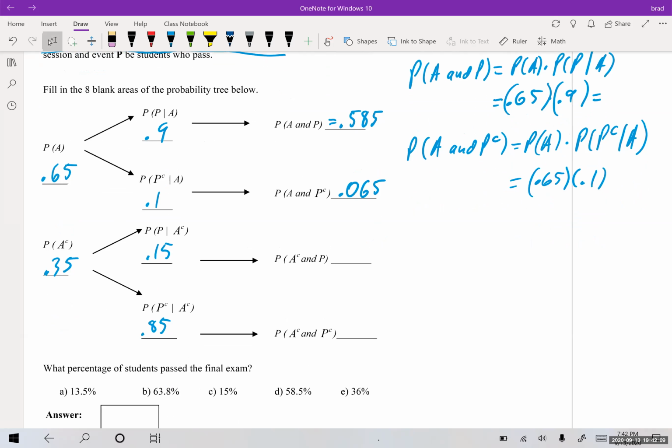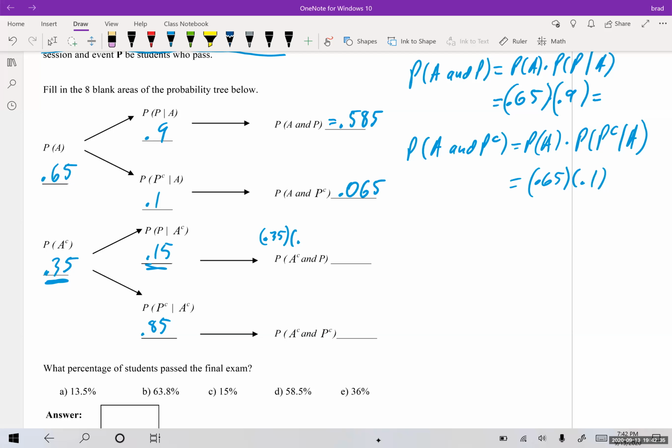So now, if I want to know the probability of A complement and P, shouldn't I just do 0.35 times 0.15? A complement is this, and the probability of passing given A complement is this. So I'm just going to do 0.35 times 0.15.